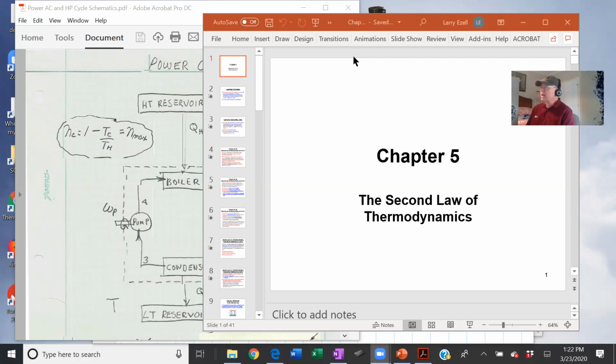Well, the tablet works fine, but getting used to writing on a tablet that's down here and then having it show up on your screen up here is a lot more difficult than I thought it was going to be. And I cannot write fast enough on this tablet to be useful. But maybe I'll get better and we can use it, and maybe it'll break up the monotony. But anyway, let's try to get started here.